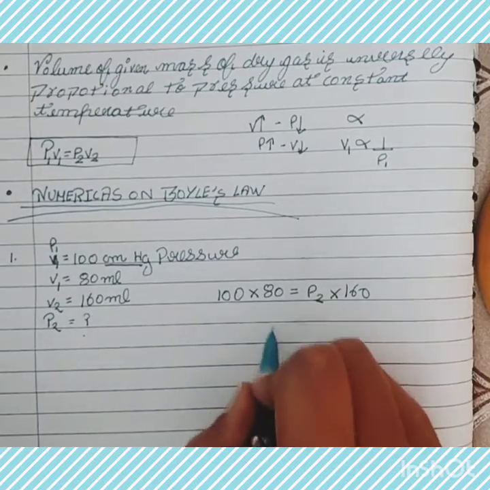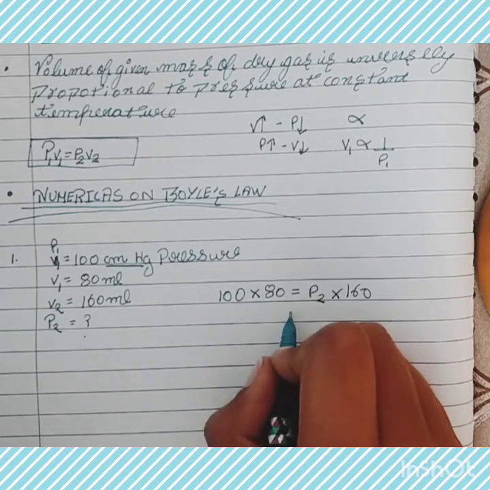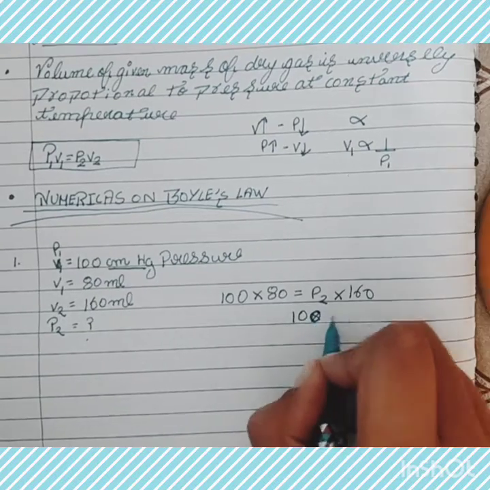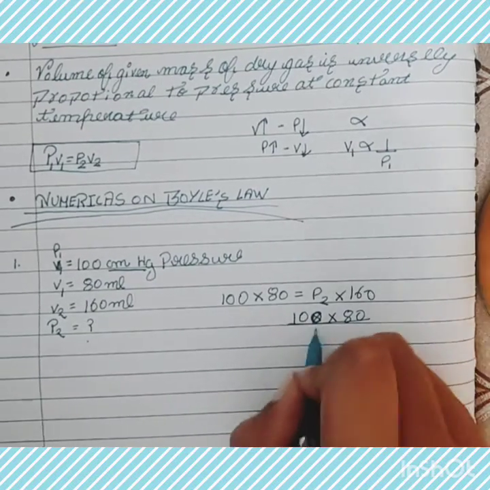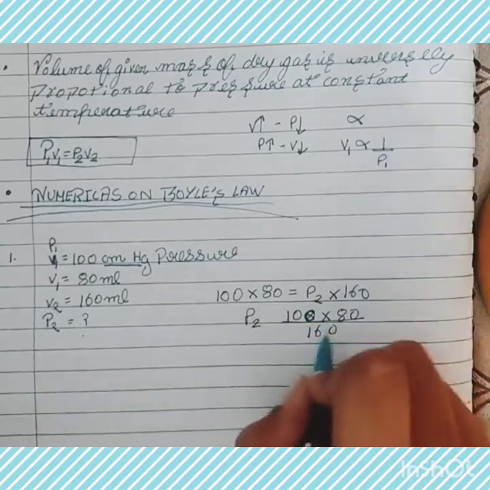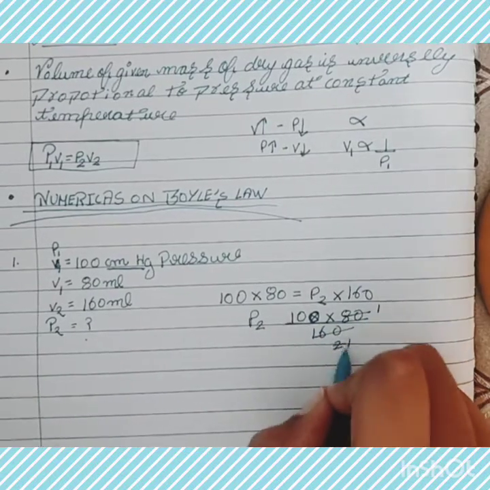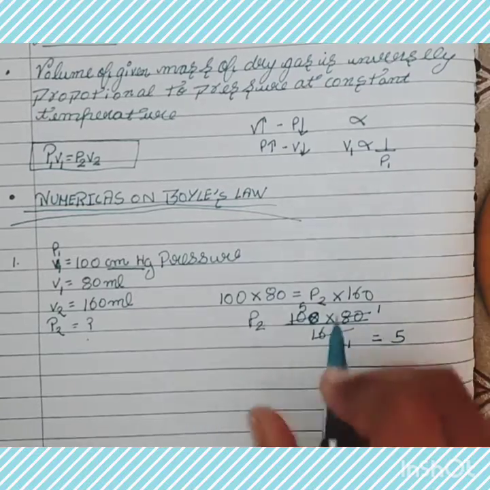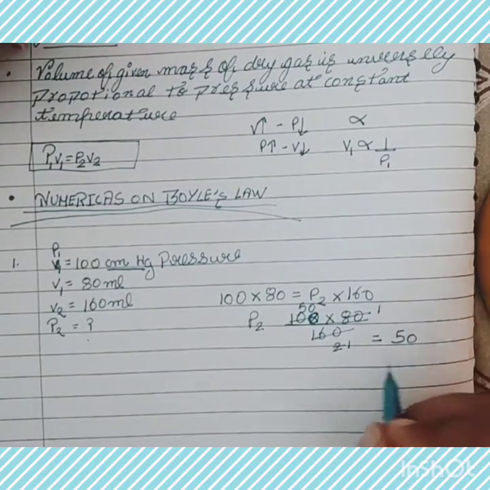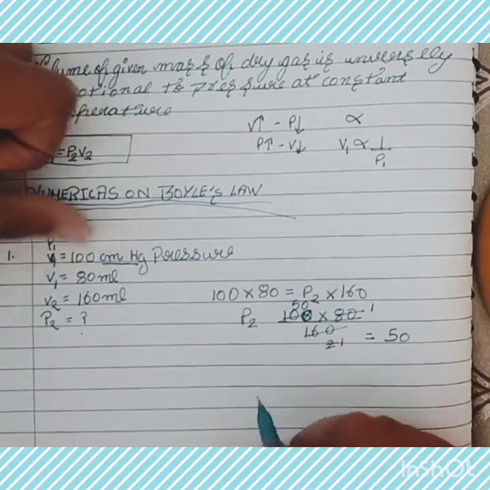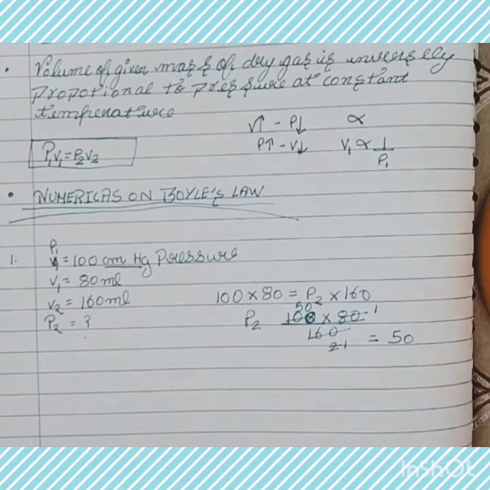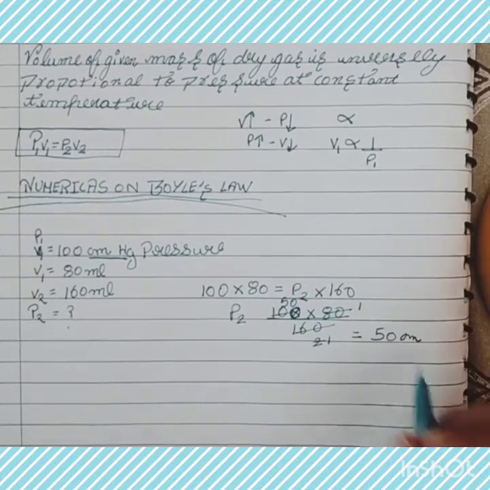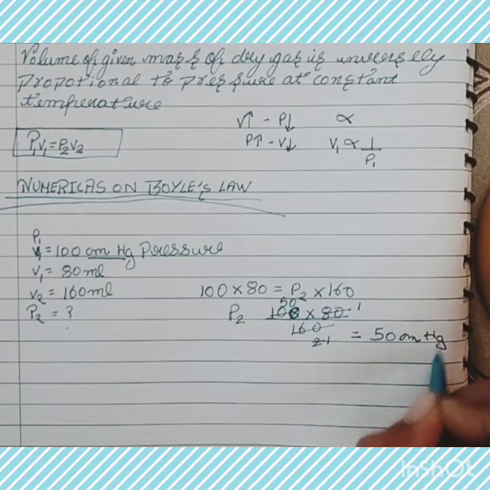So P2 equals 100 into 80 upon 160. 8 and 16, 2 will do the cutting, so 50 pressure is there. Then write this unit as well. If you don't write the unit, then it will be difficult to score full marks. Hg pressure.